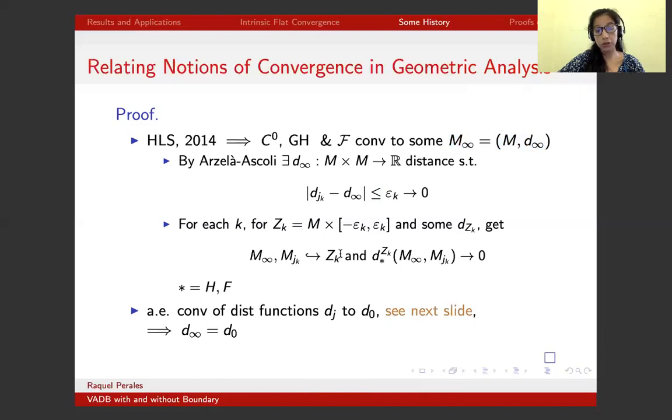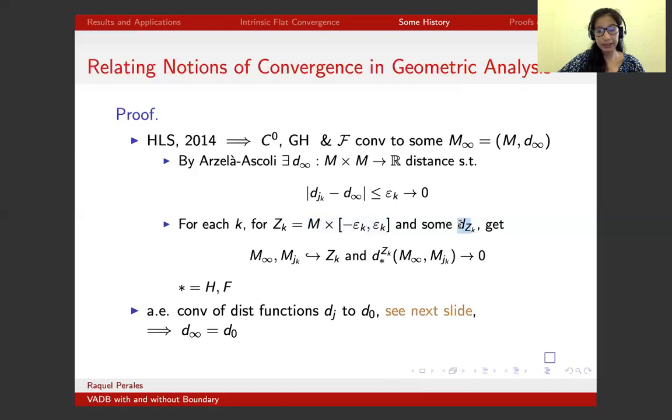We can construct a space Zk in which we can isometrically embed M infinity and Mjk. This space is very similar to what I showed you in the previous part of my talk. It's going to be M times an interval. Here we have to give a metric to this set.